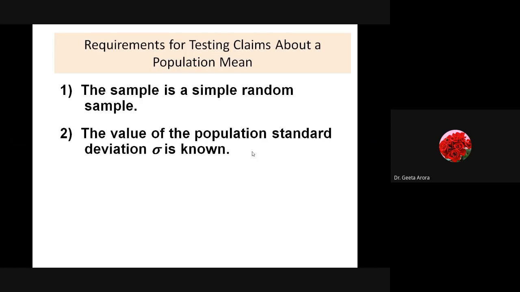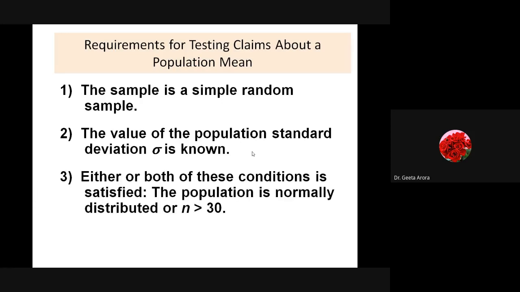Let's see when we can apply it and what the requirements are. The first thing is the sample is a simple random sample, because whenever we are talking about estimation we are looking for a random sample. The value of population standard deviation is known; this is assumed, but if it is not given then we can also use the sample standard deviation. The third condition is that either the population is normally distributed or n is greater than 30.